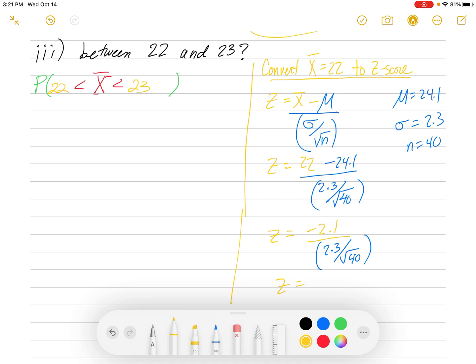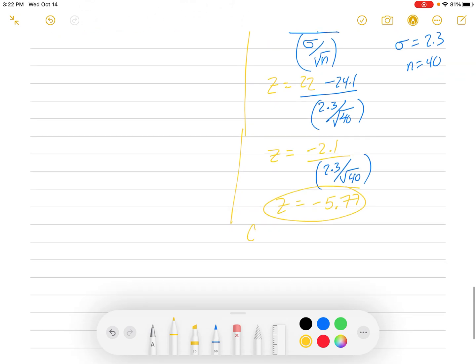So here we go, minus 2.1 divided by all of that in blue. So here we're going to get z is minus 5.77, rounded to 2 decimal places. So that's for 22. Now we have to do 23, right? We got 22 right here. Now we have to do 23.